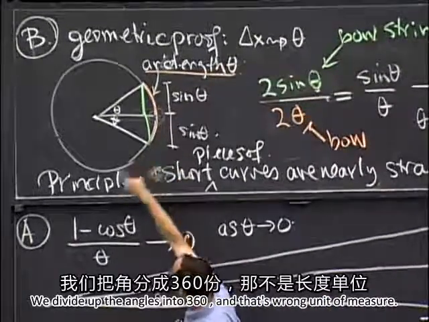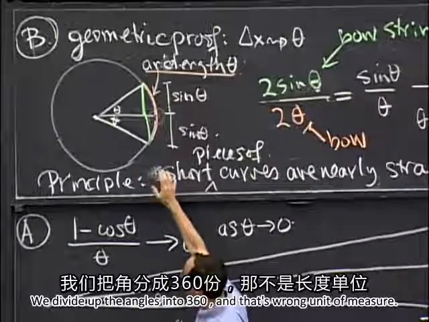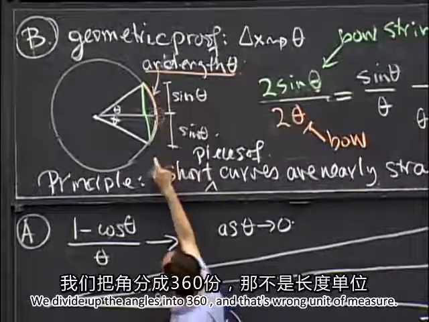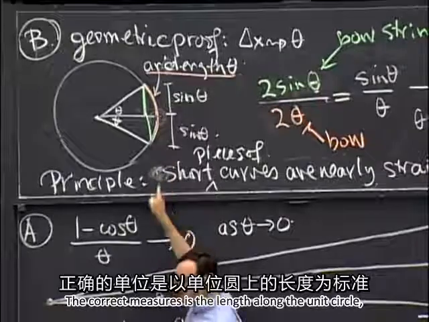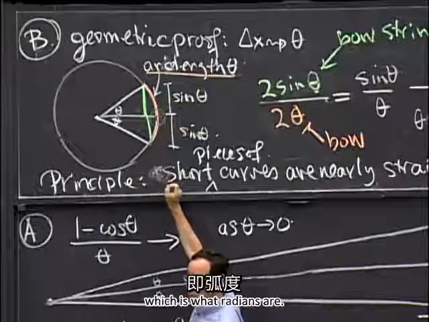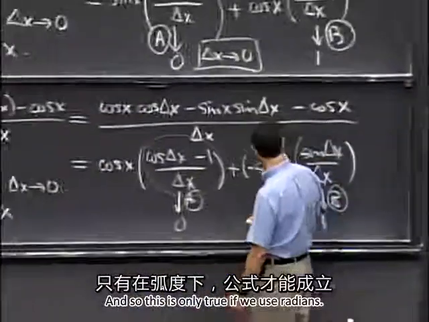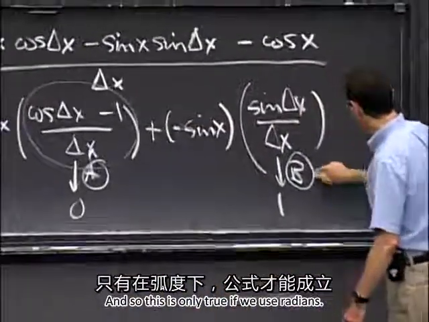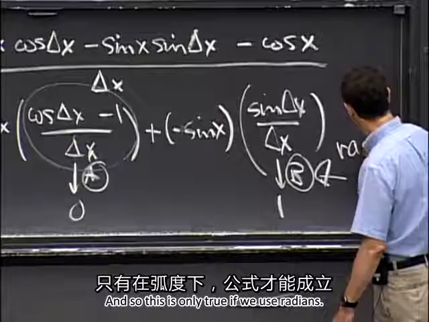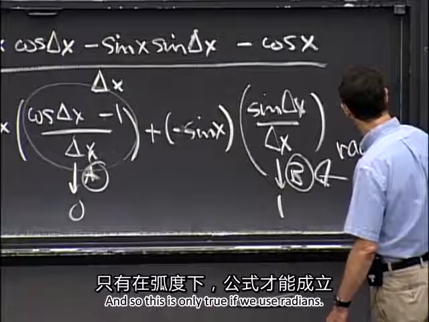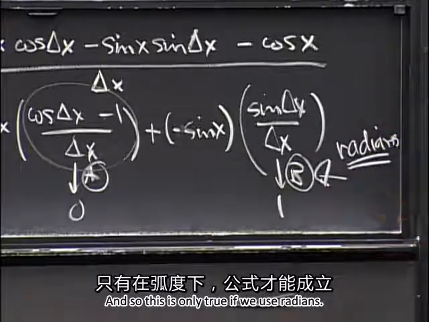We divide up the angles into 360 degrees, and that's the wrong unit of measure. The correct measure is the length along the unit circle, which is what radians are. And so this is only true here if we use radians. All right?